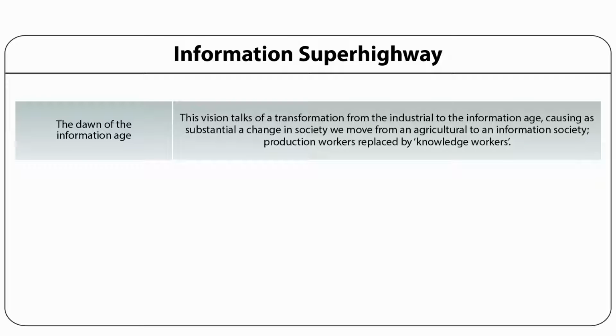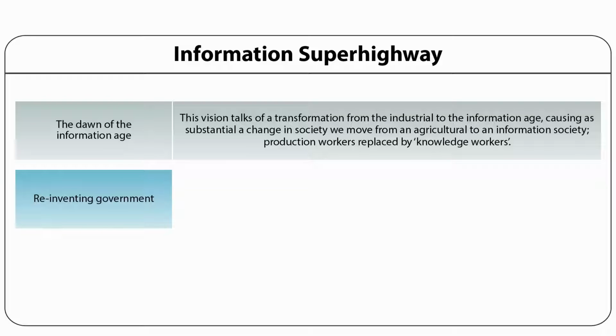Information superhighway, the dawn of the information age. This vision talks of a transformation from the industrial to the information age, causing a substantial change in the information society. We move from an agricultural to an information society, and production workers are replaced by knowledge workers.